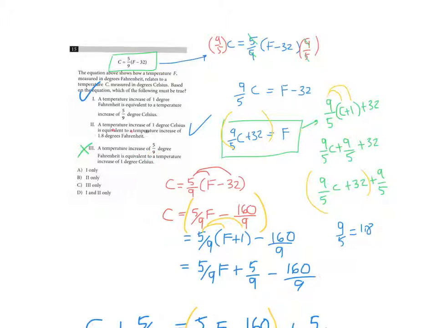Our analysis with Roman numeral 2 disproves this. According to Roman numeral 2, which is true, when there's a 1 degree increase in Celsius, that corresponds with a 1.8 degree increase in Fahrenheit, whereas this is saying that when there's a 1 degree increase in Celsius, that results in a 5/9 degree increase in Fahrenheit, and that's not true because 5/9 is not equal to 1.8. That's gone. Hopefully that makes sense. Therefore, the answer to this is Roman numeral 1 and Roman numeral 2, which is right there.